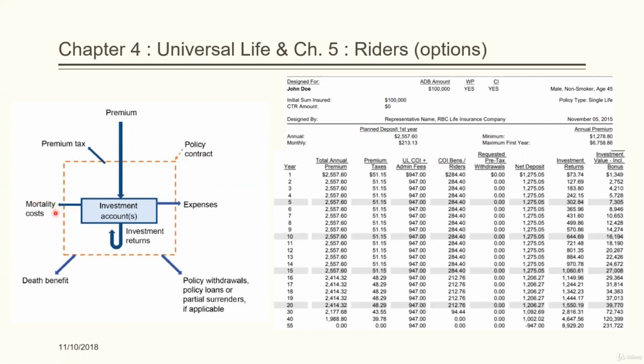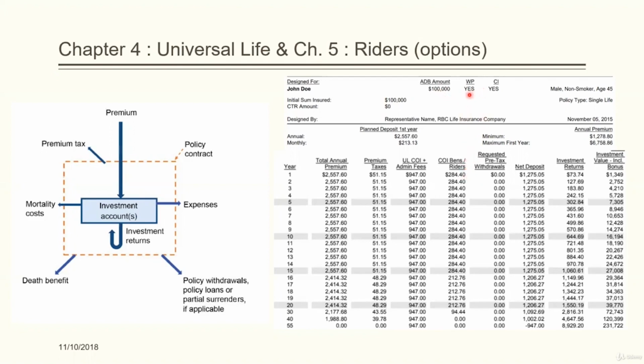That is the chance that the person will die. The insurance company is collecting money for that purpose. So you're paying $947 in a year for that benefit or protection. Then there are extra benefits and riders. One I just mentioned, the accidental death benefit, is going to cost an extra $284.